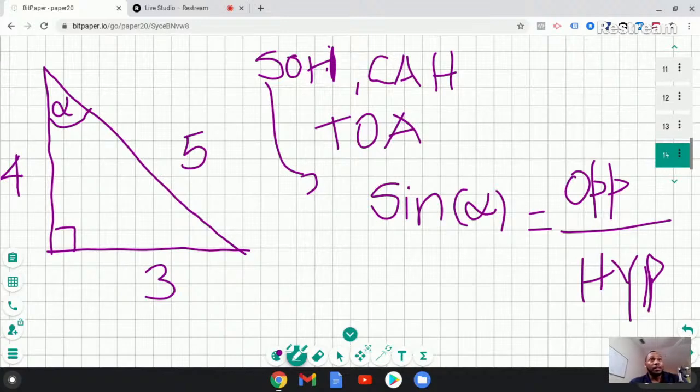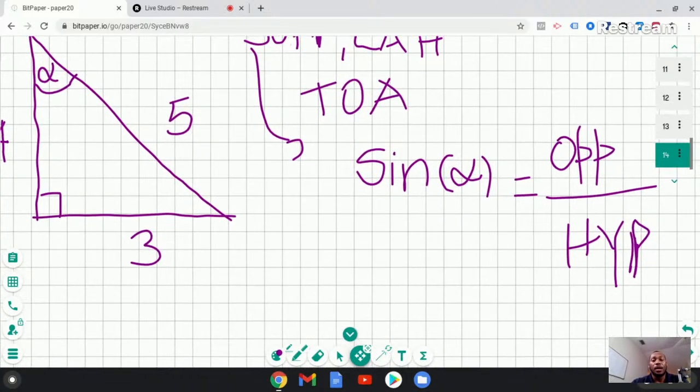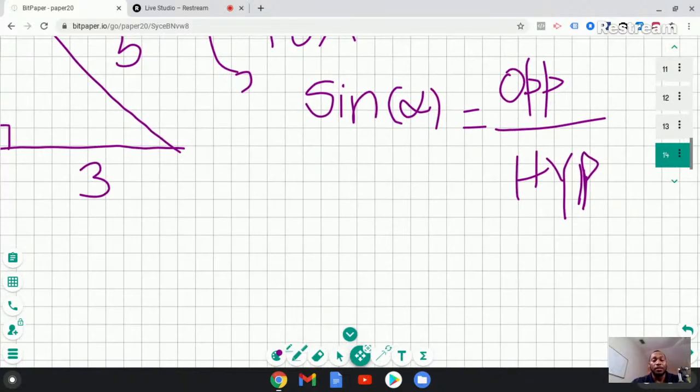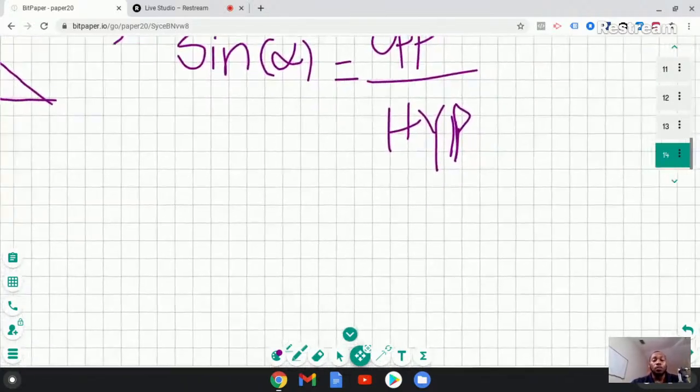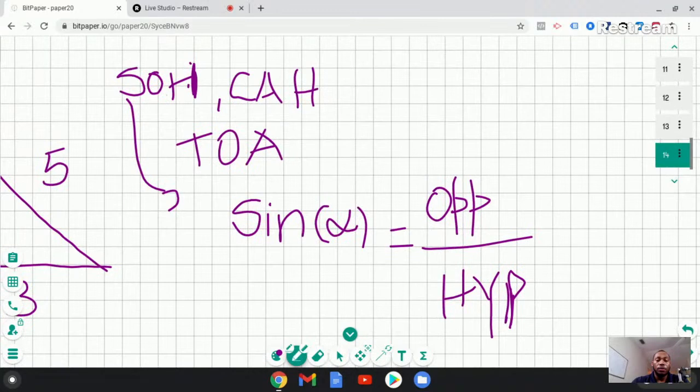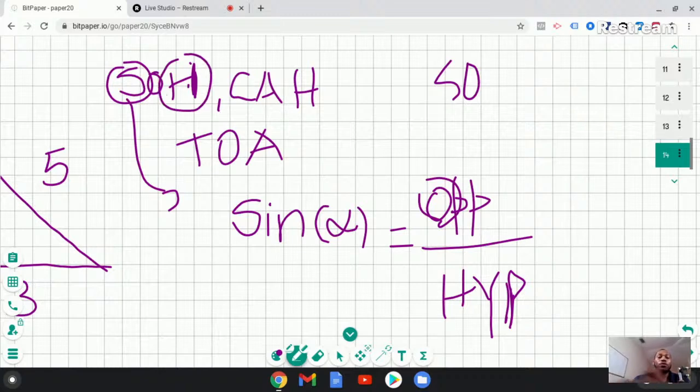So the opposite side divided by the hypotenuse gives a sine. And for the cosine, I'm going to take the adjacent side and divide it by the hypotenuse. That gives you the SOH part of the formula. So sine is equal to opposite, which is O, over hypotenuse, which is H. That's how you find a sine.